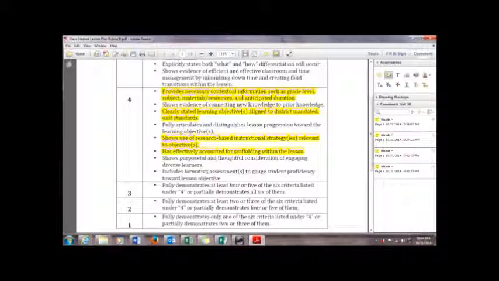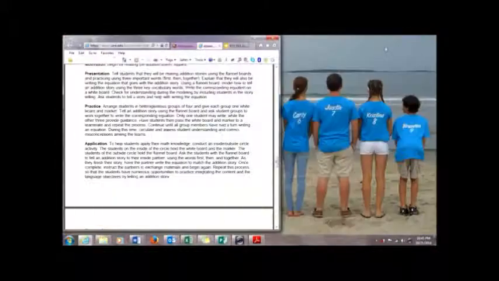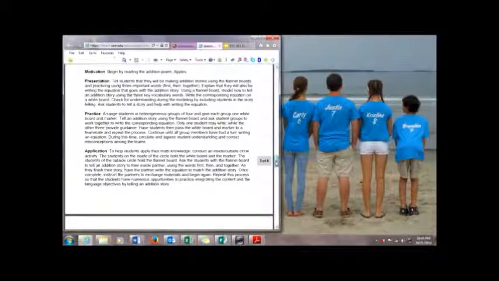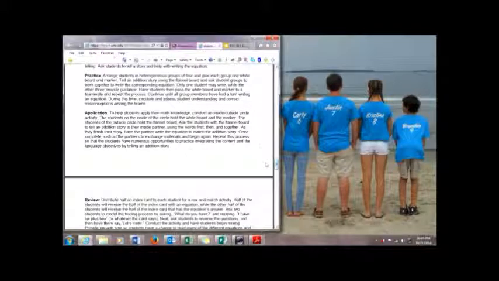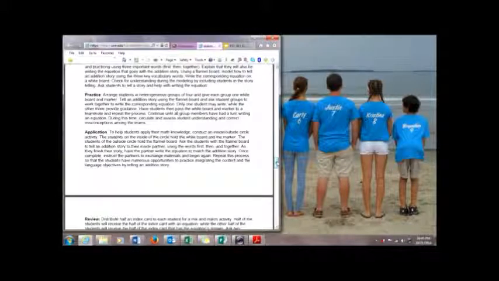So we're going to move on to the next one, which includes formative assessments to gauge student proficiency toward lesson objective. So this section does not have a whole lot. However, this teacher does have some formative assessments.